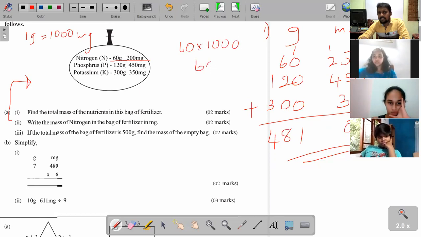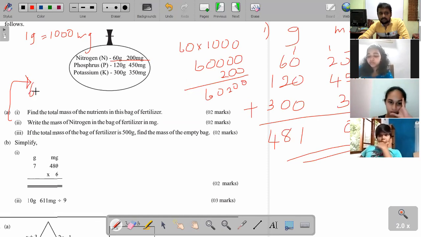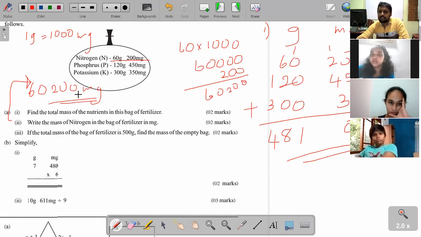What is the answer? 60,000. And another 200 here, no? So what is the total milligrams? 60,200 milligrams. Right? 60,200 milligrams.